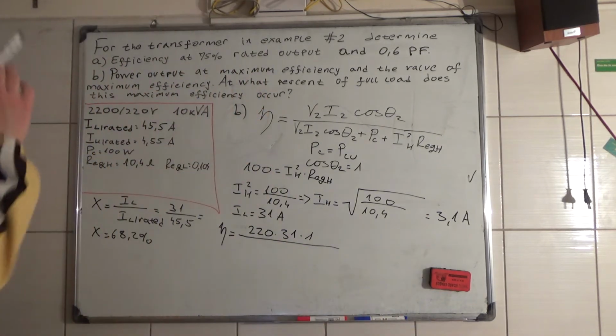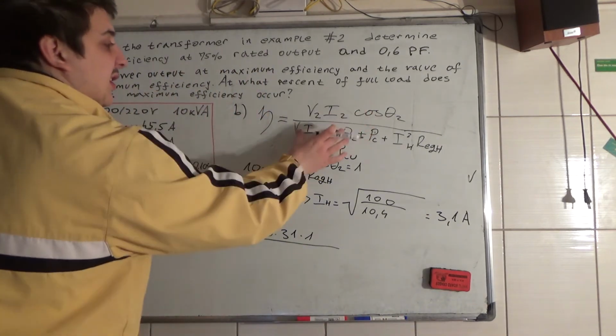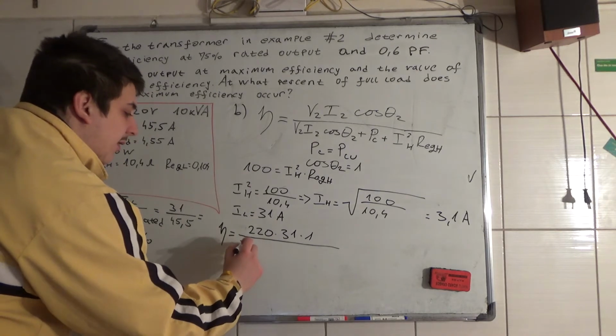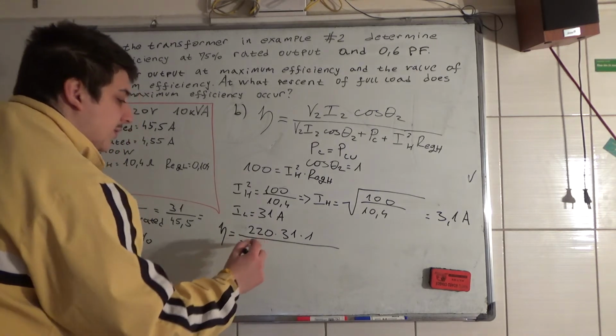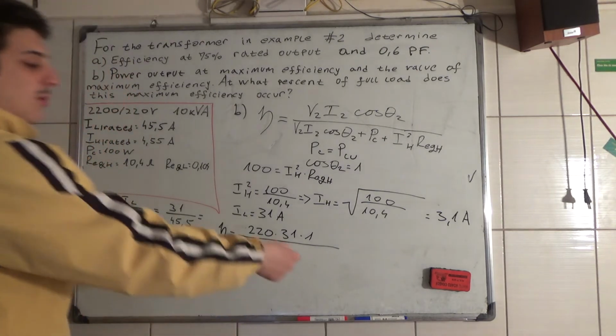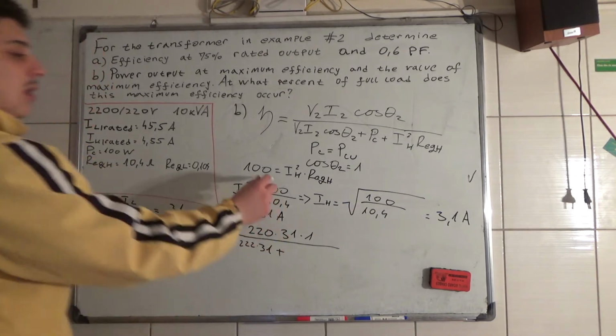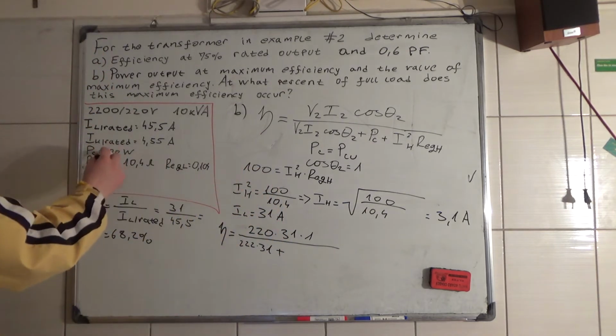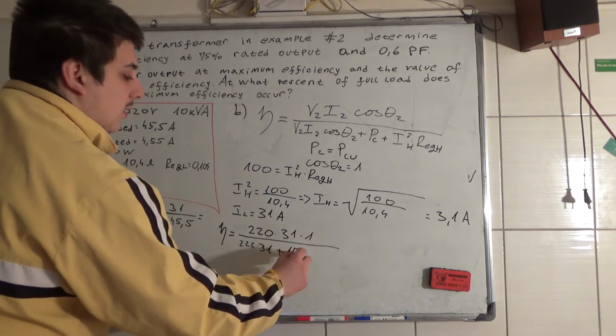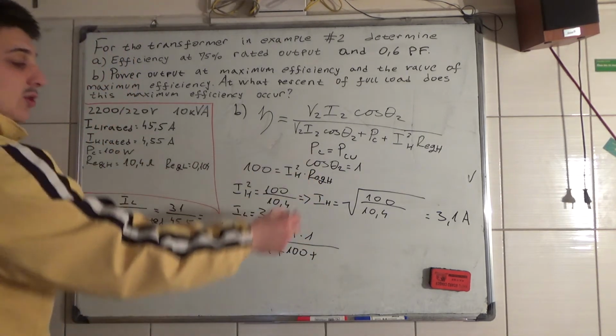Now, this and this are the same. Just rewrite this. I'm not going to multiply by 1. Now, the core loss is 100 and the copper loss is also 100.